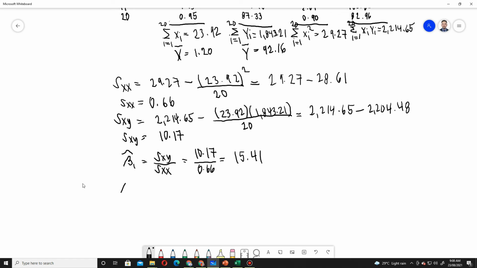For b hat sub 0, we have y bar minus b hat sub 1 multiplied by x bar.